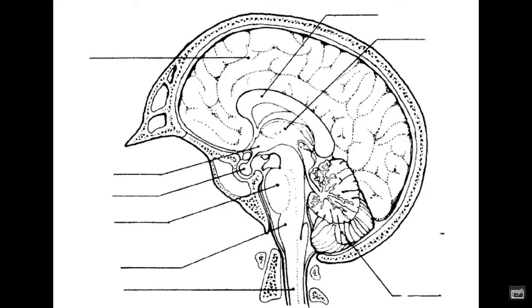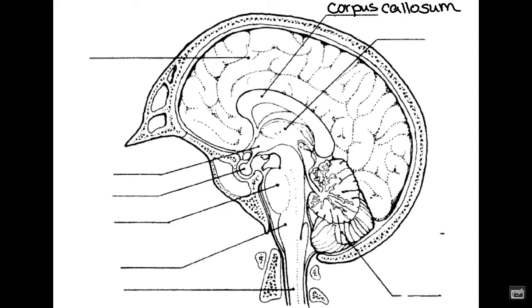Now we're going to start up here with the corpus callosum. And we will define this later, but the corpus callosum is essentially this thick band of fibers that connects the two hemispheres. We have about 200 million axons of sensory neurons and motor neurons that cross sides at this place.